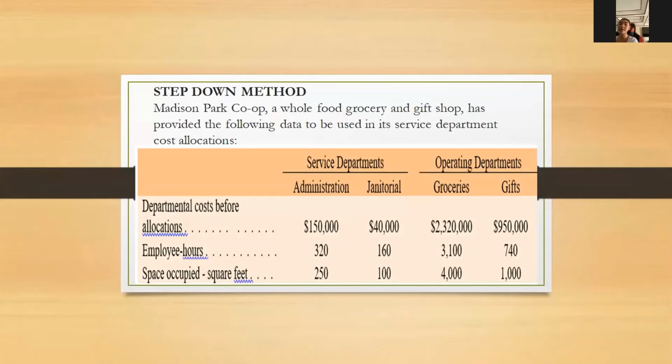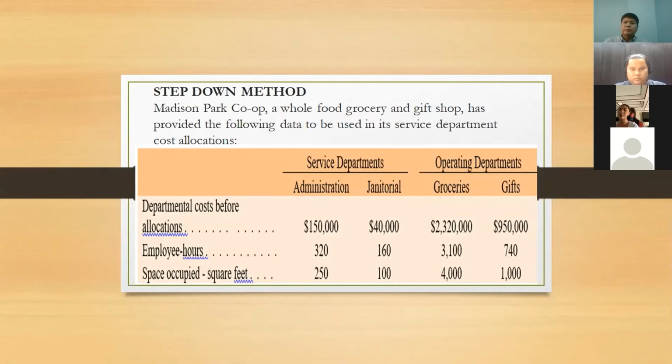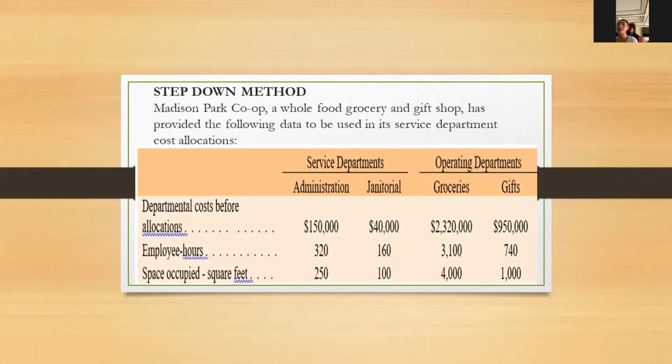In this exercises po, we were using step-down method. So Madison Park Co-op, a Whole Food, Grocery, and Gift Shop has provided the following data to be used in its service department cost allocation. We have also two departments here po, the service departments and the operating departments. In service department po, we have administration and janitorial.